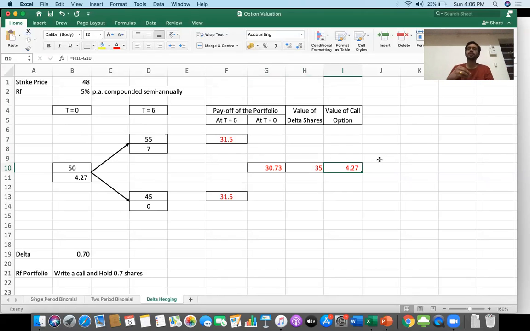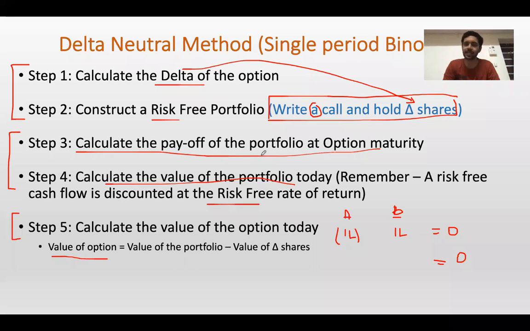That is nothing but the premium that I am receiving as the writer of the option when entering into the contract with the holder. So the holder is going to pay the writer 4.27 rupees. So that is how we look at the delta neutral method.